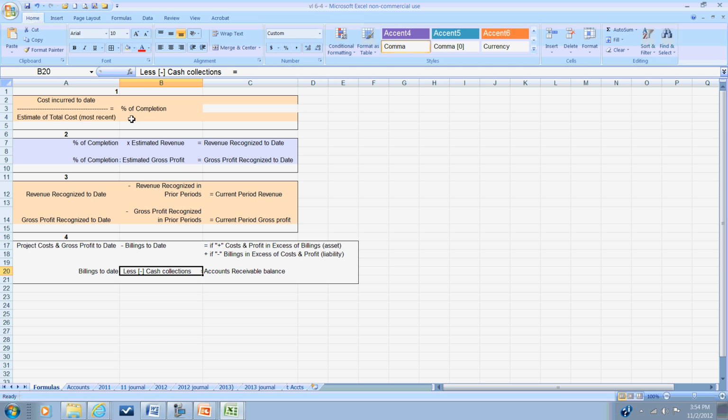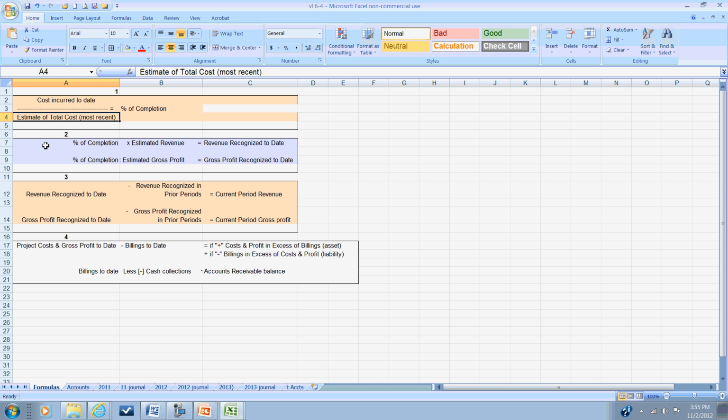And to do that, we take the total costs incurred to date, and of course this could go over several years, and divide by the estimated total cost to complete the project. So the estimated total cost to complete the project is a key amount. That is the cost we've incurred to date plus our estimated future costs. And again, we'll take the cost incurred to date and divide it by that estimated total cost, and that'll give us our percentage of completion.